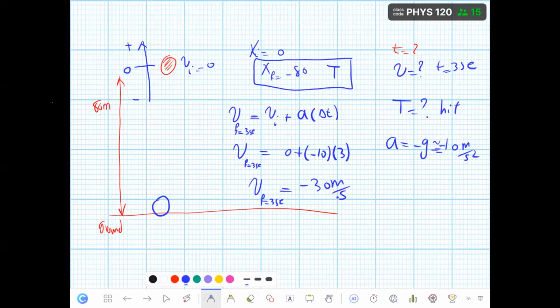That's why it's negative. So again, 1 second later, what is the velocity? Negative 10. Good. 2 seconds later, the velocity is negative 20 meter per second. 3 seconds later, the velocity is negative 30 meter per second. Good. Okay, next part.